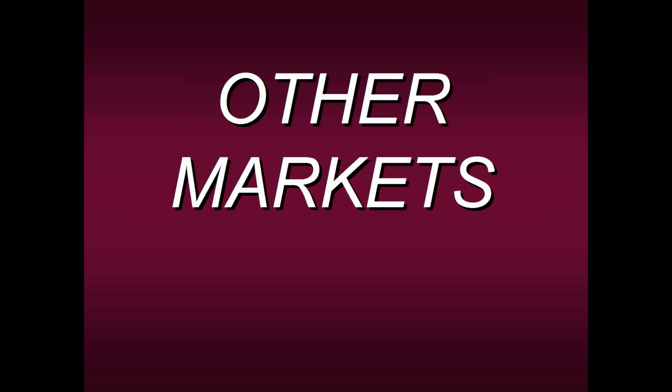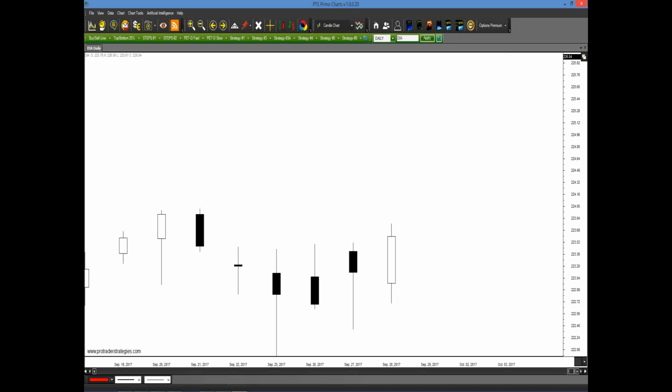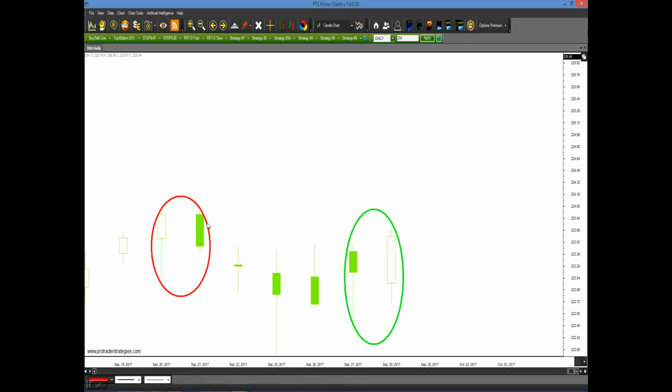Now we can apply this to other markets. So far we've just focused on stocks. Let's look at the Diamonds. That's the ETF for the Dow Jones Industrial Average, okay? Looks like we're just kind of going sideways here. There's no real trend, but we have a bearish engulfing pattern and a bullish engulfing pattern. So now, which one should we have taken? Using our high probability and our consistency with the PET-D, we see that we would not have taken this one, because in order to go short, we need bar number 2 to be colored red.